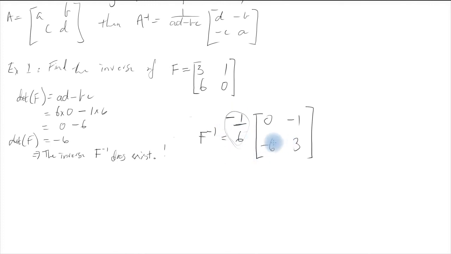So this, by the way, what we've done now is perfectly good. And if we wanted to, we could write it again, but putting this inside. So 0 times negative a sixth is 0, minus 1 times negative a sixth is a sixth, minus a sixth times negative 6 is 1, minus a sixth times 3 is negative a half.